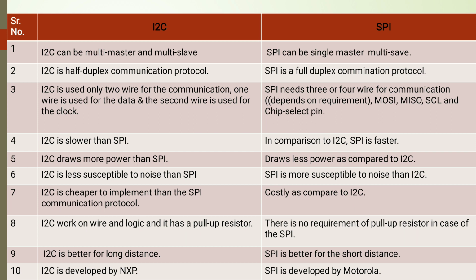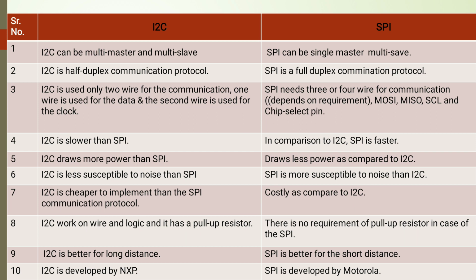I2C requires fewer connection wires, only 2 wires are sufficient, but SPI requires more than 2 wires: data transmission, reception, and clock. So a minimum of 4 wires are there, along with a 5th wire for slave select.